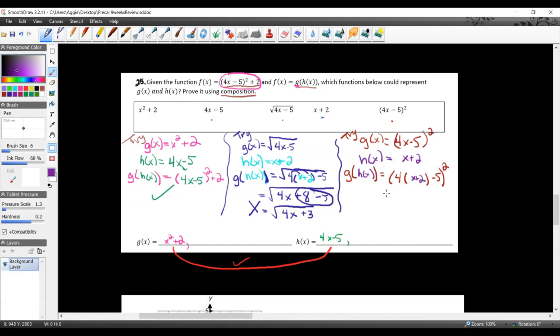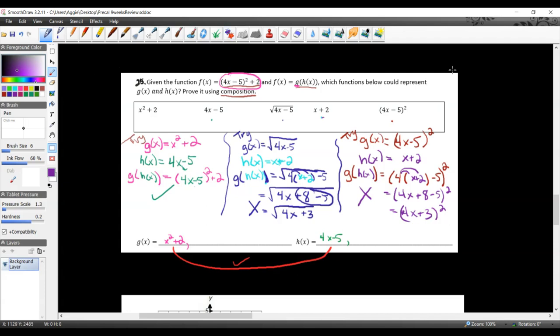So that's going to give us, distribute, 4x plus 8, and again, minus 5 square. So we end up with 4x plus 3 square, which again, this one is not equal to this, so this one's not going to work either, okay? Now, I mentioned there is another combination that's going to work.